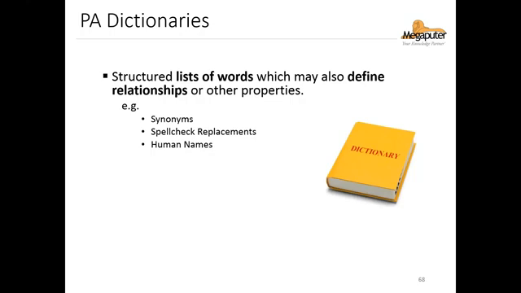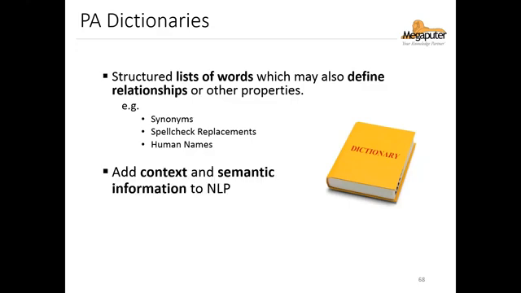Other dictionaries can provide lists of related words, such as the different misspellings of a word. These dictionaries can also include information about other properties of words, for example, if they're nouns or adjectives, or for a dictionary of human names, maybe whether a name has a higher probability of being a male name or a female name.